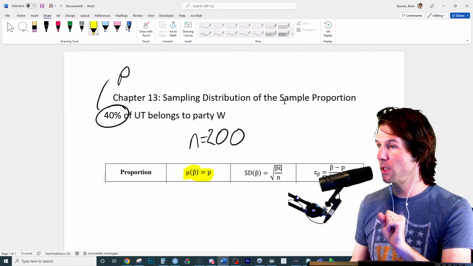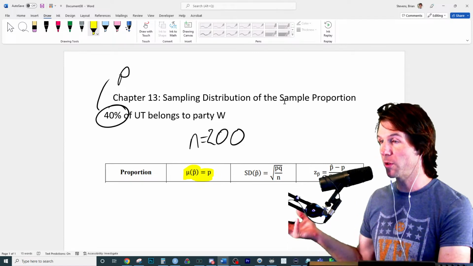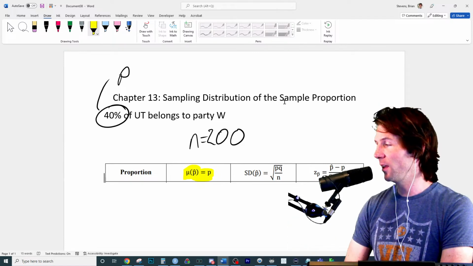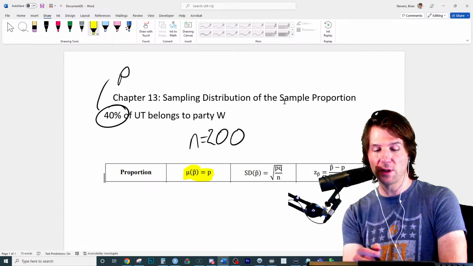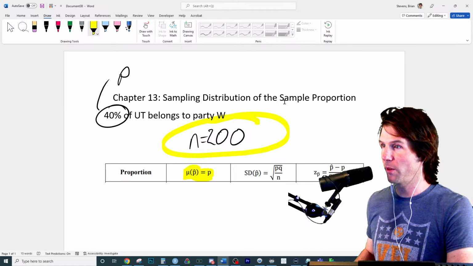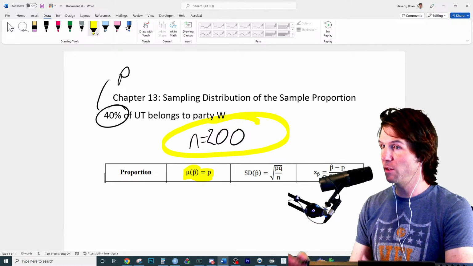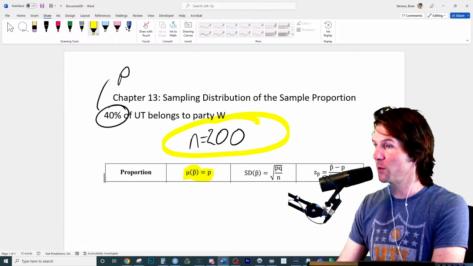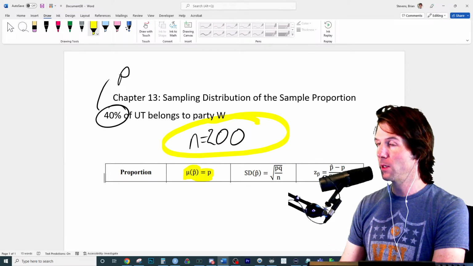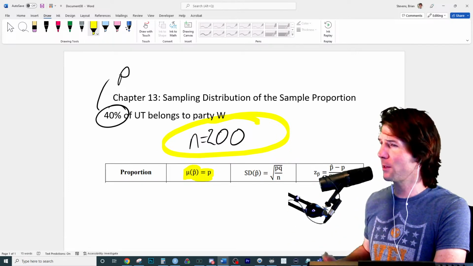But think about how the random condition plays a role here. If you go and hang outside one of their conventions, one of their parties, then you go and sample 200 students outside their party. Like you go to a convention where they're meeting and you sample 200 UT students at this. What condition have you failed, and why would it not follow the distribution it's supposed to? So if you go outside their convention and ask students what party they belong to, you're like, oh, there's a political thing going on tonight.